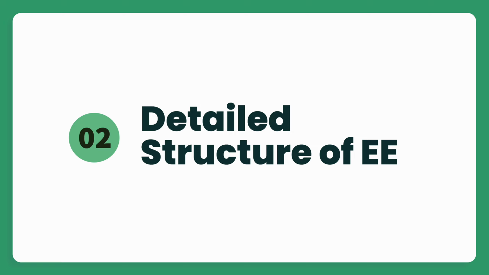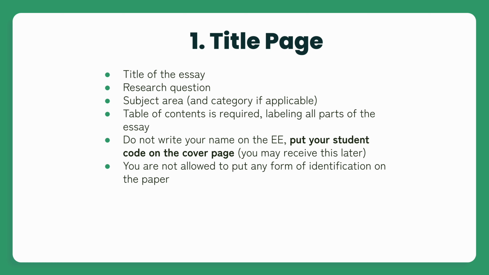So next is the detailed structure of the extended essay. It follows a very strict structure. Firstly, the title page is where you'll include the title of the essay or the research question and the subject area. And you can also provide the table of contents here, and this will label all parts of the essay, your headings and subheadings.